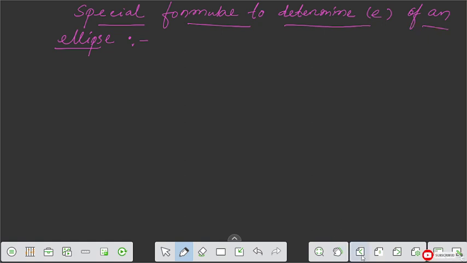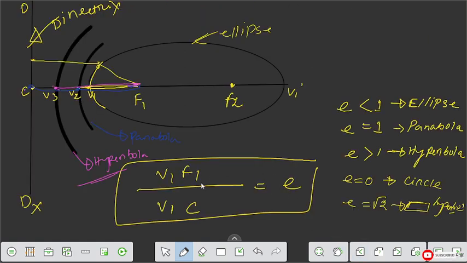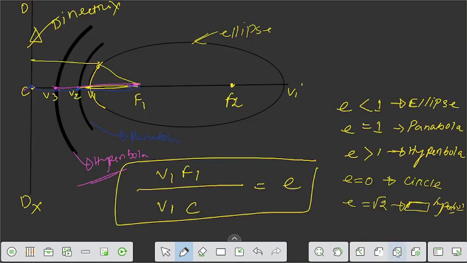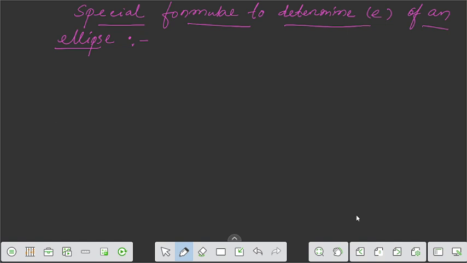We know the basic formula of eccentricity is the distance of a point from the focus divided by the distance of the point from the directrix. This is the main formula, and with the help of this formula we can derive some special formulas related to the eccentricity of an ellipse.